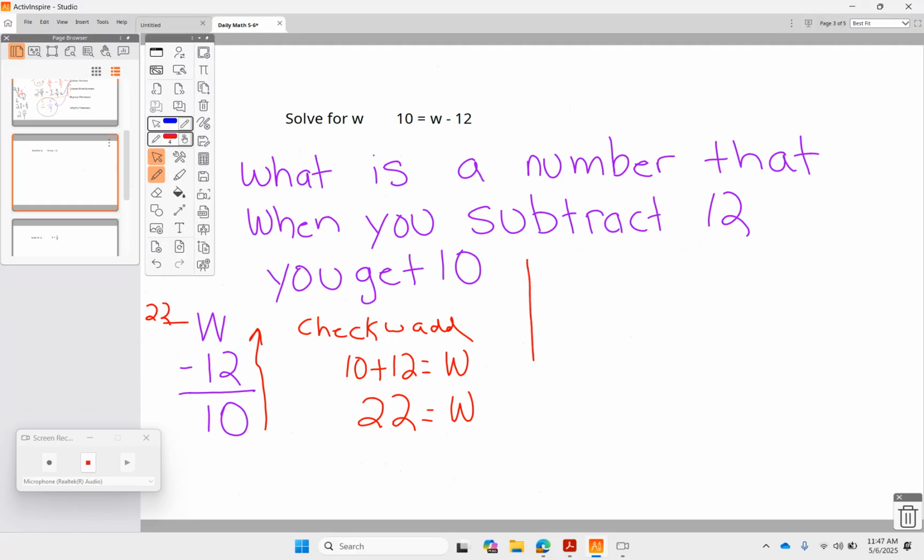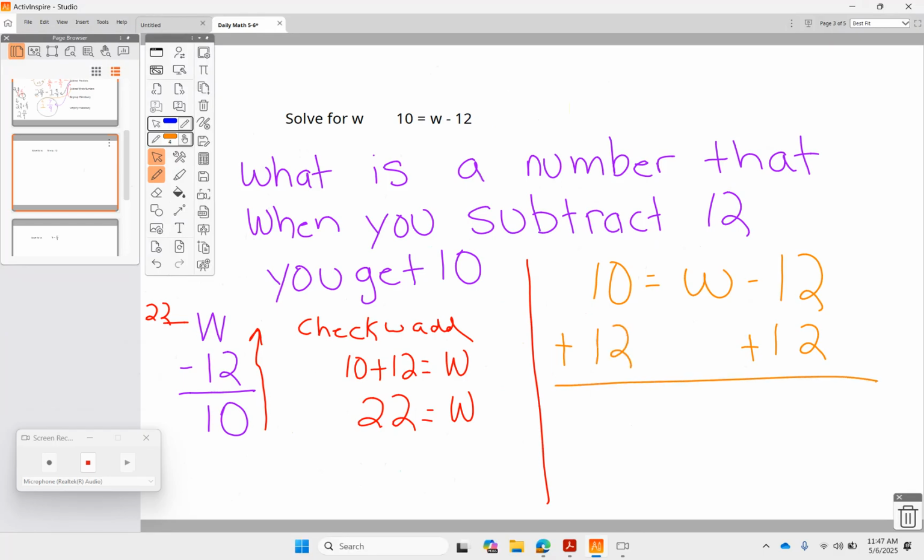When you have it written in this format, we're doing the same thing. 10, in order to get rid of, or the opposite of subtracting 12, is adding 12. And 10 plus 12 is 22. Those cancel out. Okay, so in this case, 22 minus 12 is 10. So that's how I can also check it.